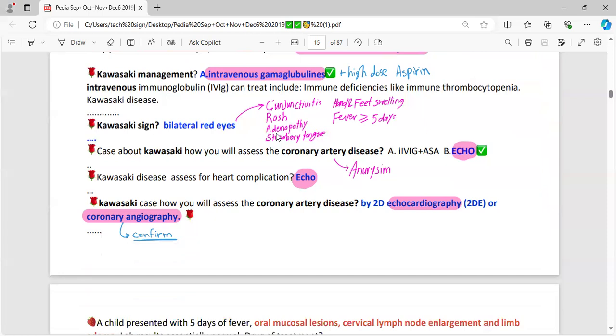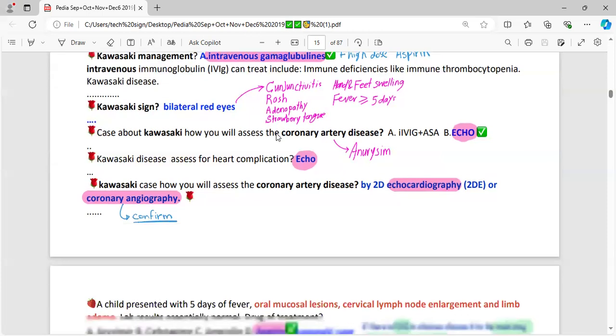Kawasaki signs: redness all over the body, face, trunk, feet, fever, strawberry tongue, conjunctivitis, cracked lips.